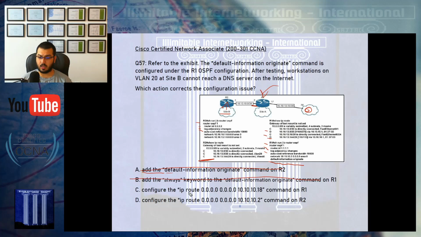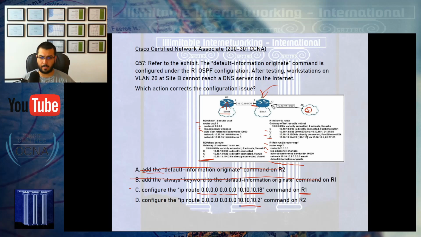Configure the IP route 0.0.0.0 0.0.0.0. This is a static default route, which you use to route everything for a destination that was not mentioned in a protocol. It says configure a default route to the destination 10.10.10.18 on R1.